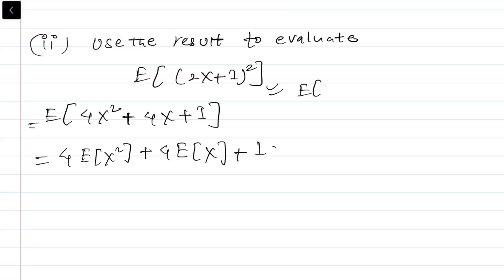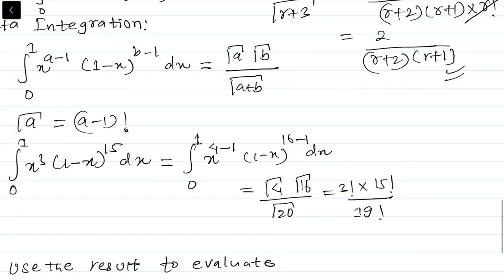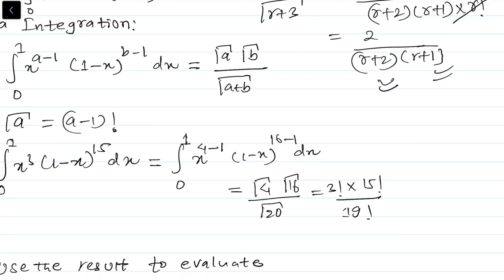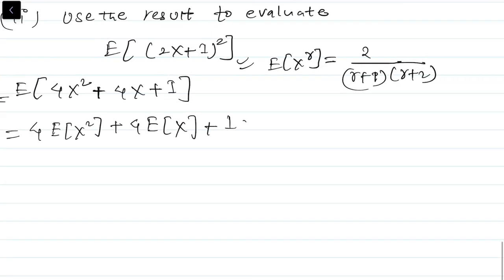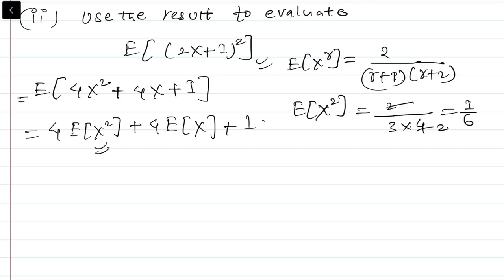Now we know the expectation of x to the power r is 2 divided by (r plus 1) times (r plus 2), from the above result. Now we can put r equal to 2 to get this expression. So x to the power 2: 2 plus 1 is 3, times 2 plus 2 is 4. This is 1 over 6.